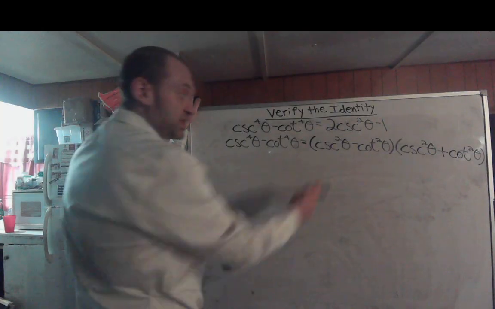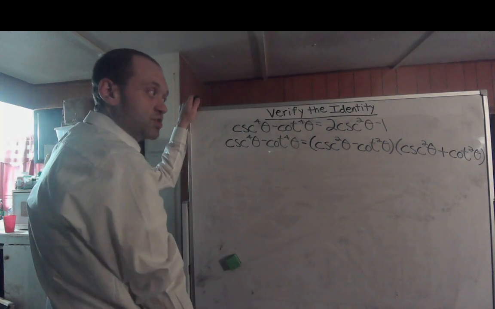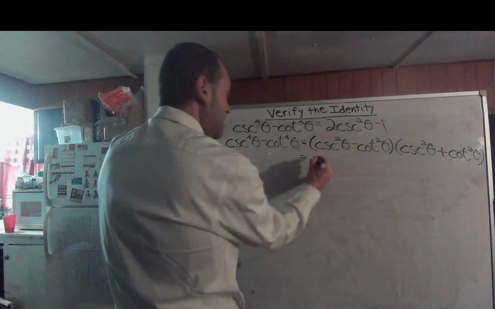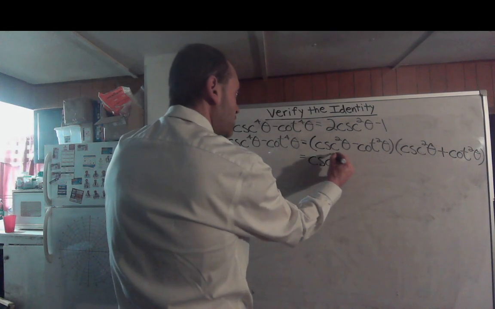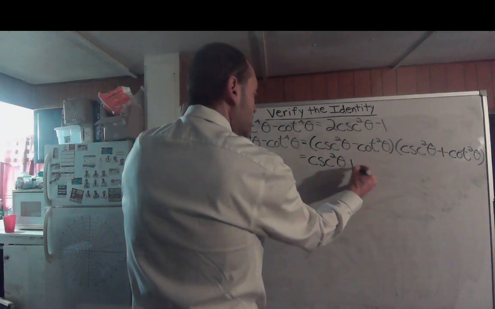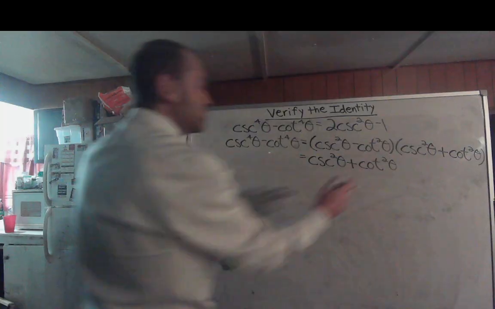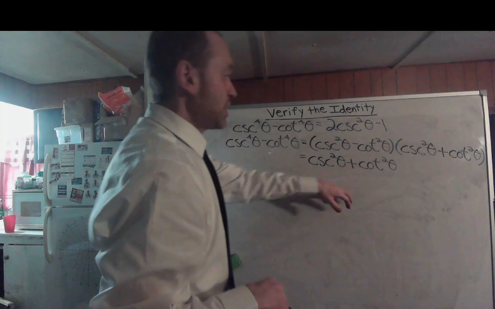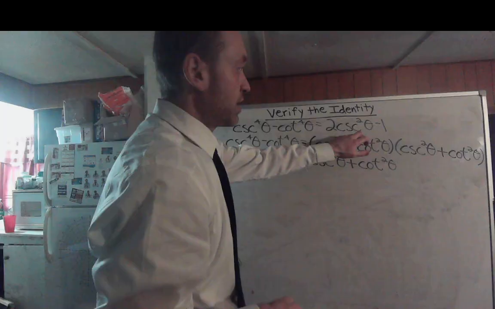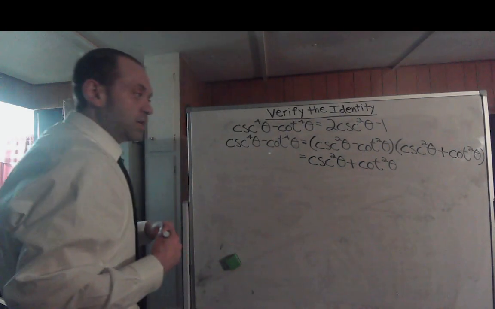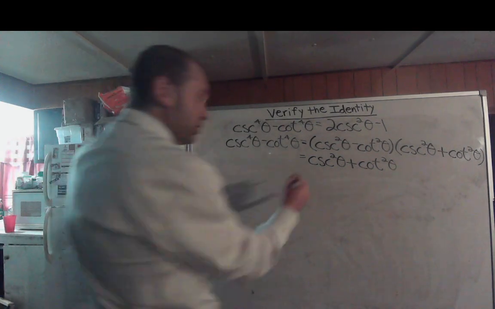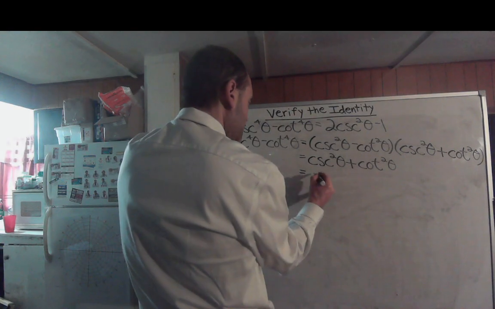Well, what's cosecant squared minus cotangent squared? That's just 1, so now you're down to cosecant squared of theta plus the cotangent squared of theta. Well, what's another way of writing cotangent squared so we can get 2 cosecant squared minus 1? Cotangent squared would actually be cosecant squared minus 1.